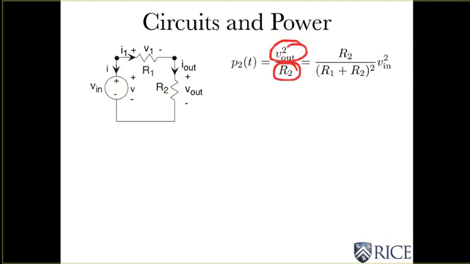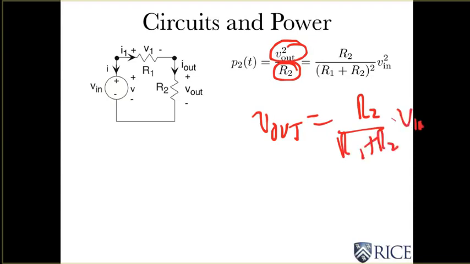That's V times I for a resistor. And since we solved for the output voltage, we might as well use this version of the formula. The output voltage, just to remind you, was R2 over R1 plus R2 times Vn. So you square that and divide by R2, you get that.